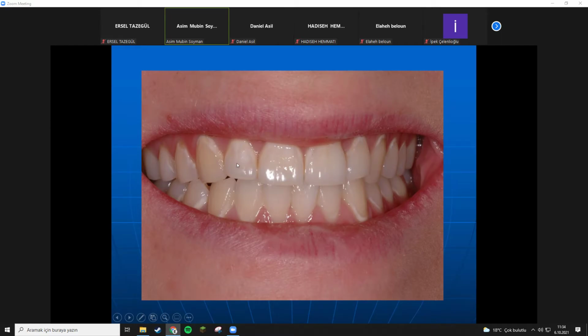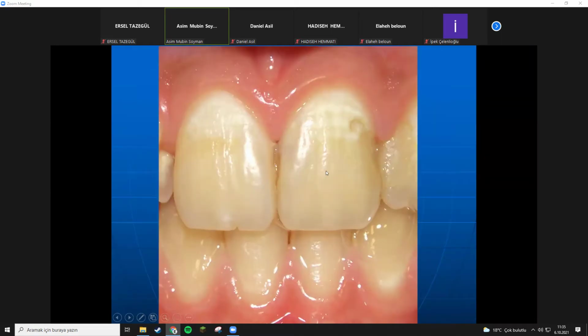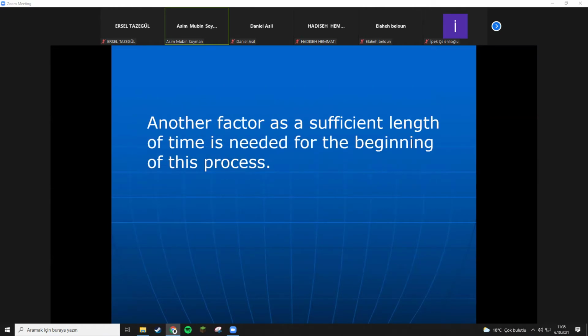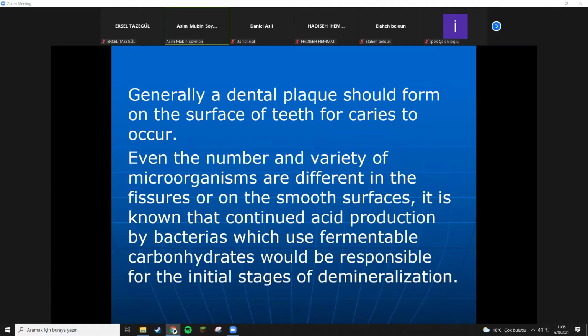But if we see these white opacities especially on the vestibular sides of the maxillary teeth, we understand this is a hypocalcified enamel opacity which has emerged from the ameloblasts' mistaken, wrong secretion and poor calcification. It's not easy, but you are going to understand it in the clinics.